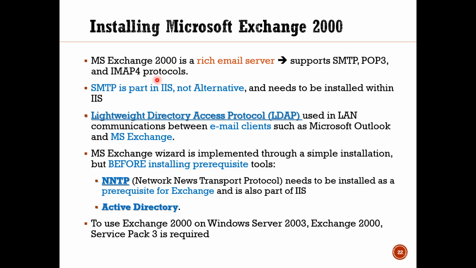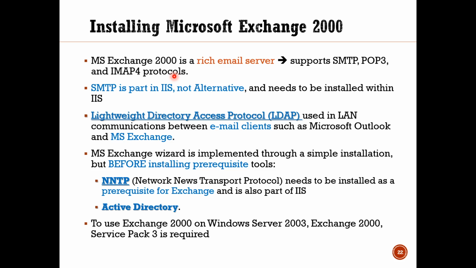So SMTP is already part of IIS. Whenever you install IIS, you do not need to go and configure or install additional settings for SMTP. Even for the others, POP3 and IMAP, they are all parts of IIS.